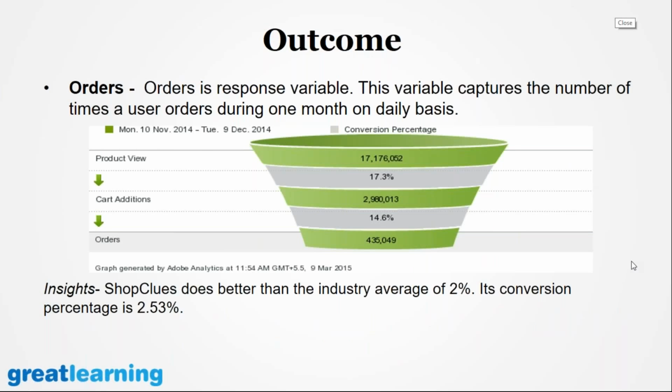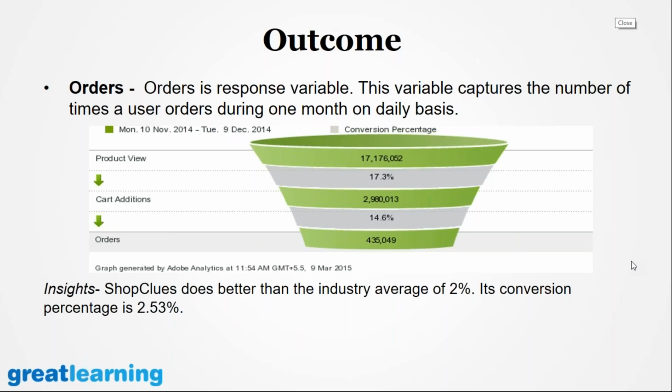Now here is an interesting fact about ShopClues. In the e-commerce industry, the average conversion rate is 2%, meaning of 100 people visiting the website, only 2 are going to buy any product.